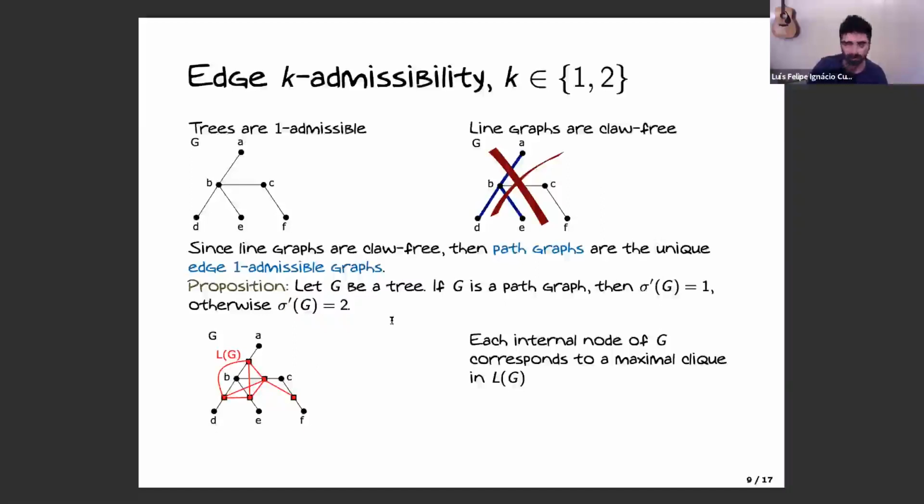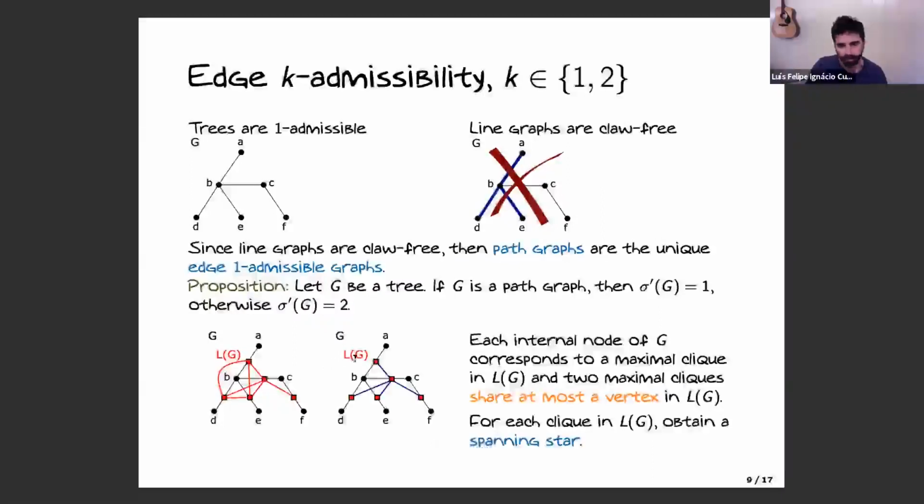And moreover, any two cliques in the line graph share at most a vertex. Based on this, we can always obtain for each complete subgraph a spanning star in the line graph.